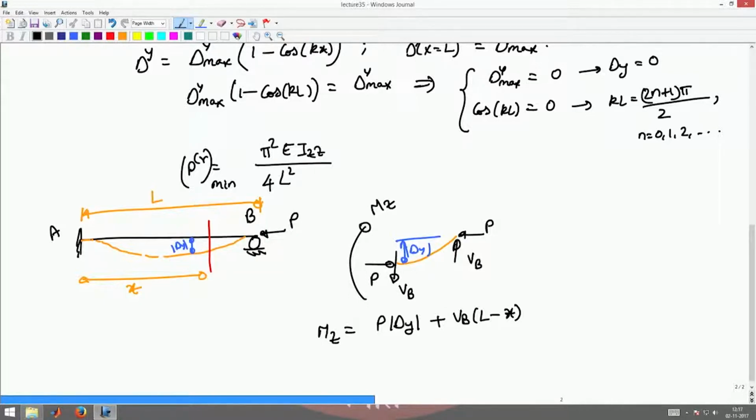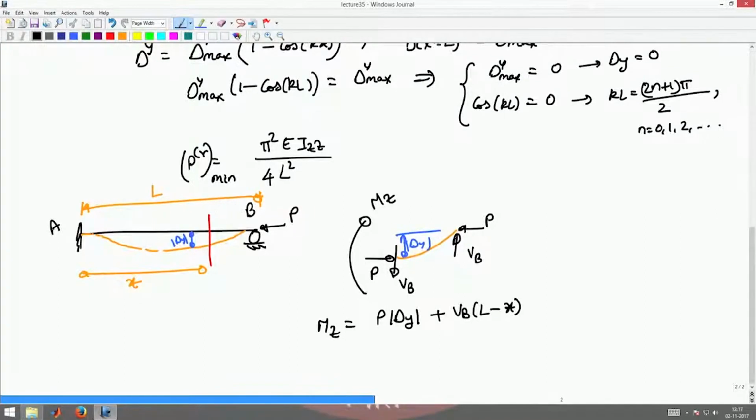Now, having got the moment, the procedure remains the same. I have to go ahead and solve the differential equation E Izz d square delta y by dx square is equal to P times delta y. Delta y is a negative displacement, so I have minus delta y plus Vb into L minus x.